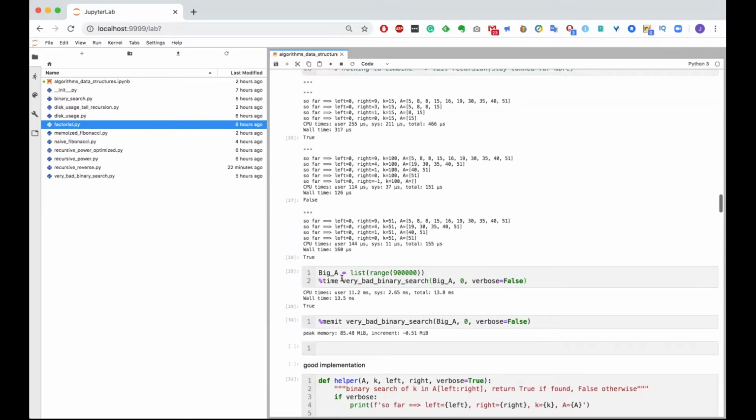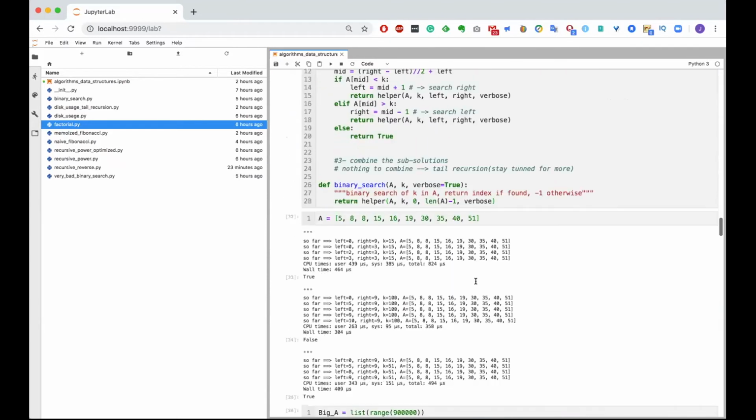Okay. So first, before even moving to the understanding, let's see the comparison. Here, for example, I'm passing a very long list of big numbers, and you see it takes 13.5 milliseconds to solve this problem.